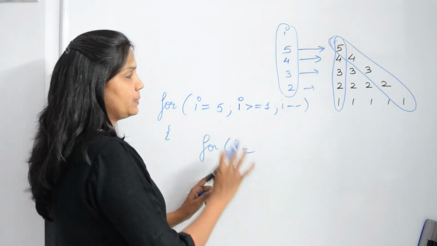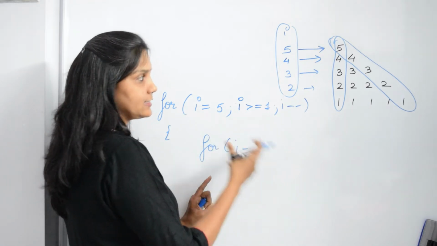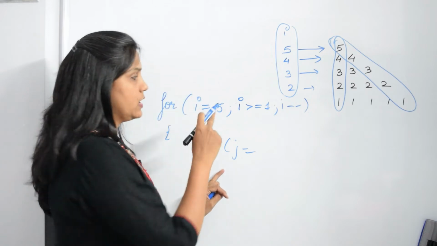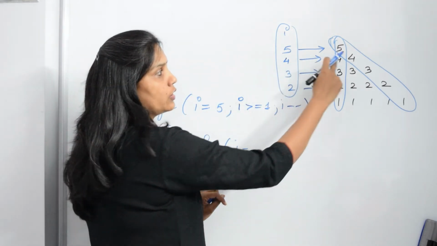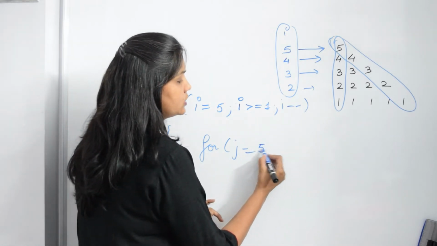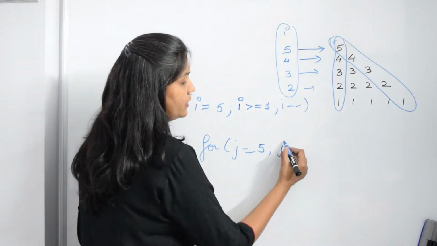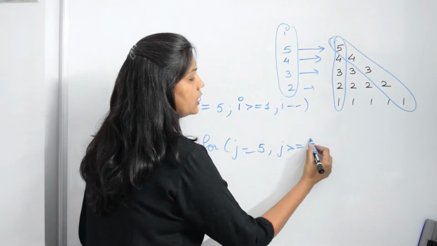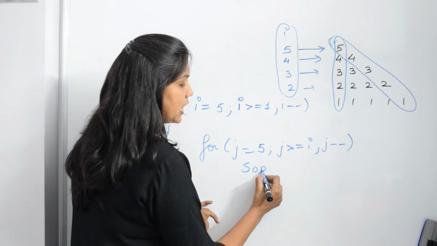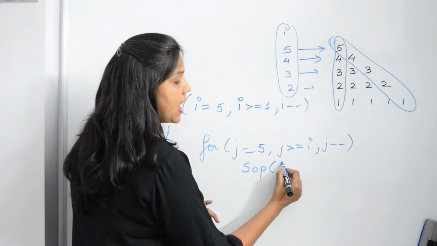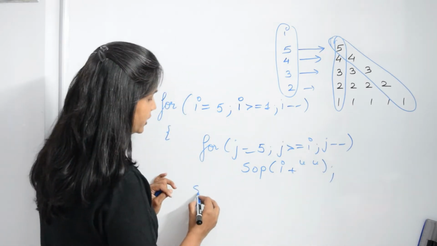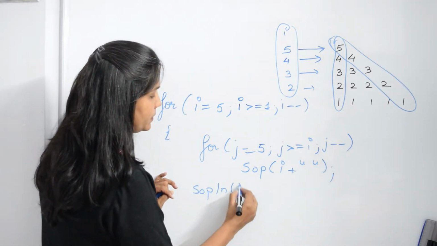So my inner loop just has to run one time for the outer loop when I is 5, the outer loop when I is 4, it runs 2 times and so on. So I can say I is equals to 5, j is equals to 5, j greater than equal to I, j minus minus, SOP without a ln, I say I and I don't print j, I put a space and then for the outer loop I write SOP ln.